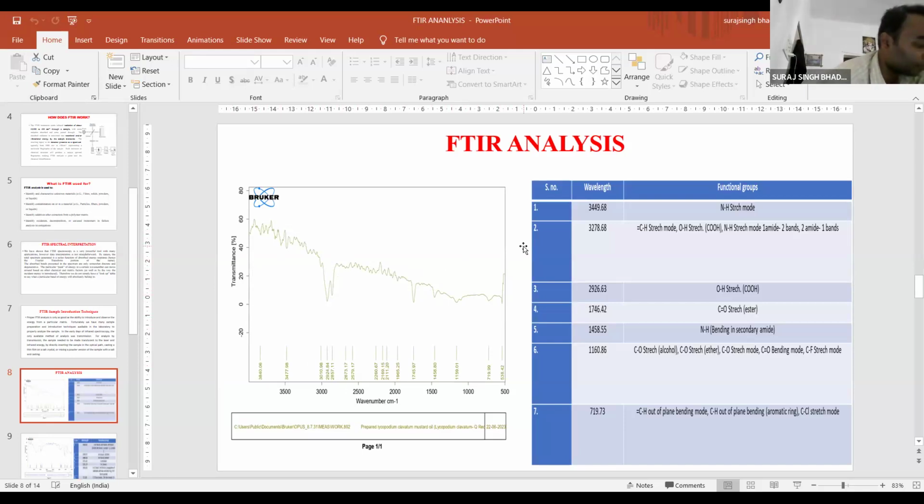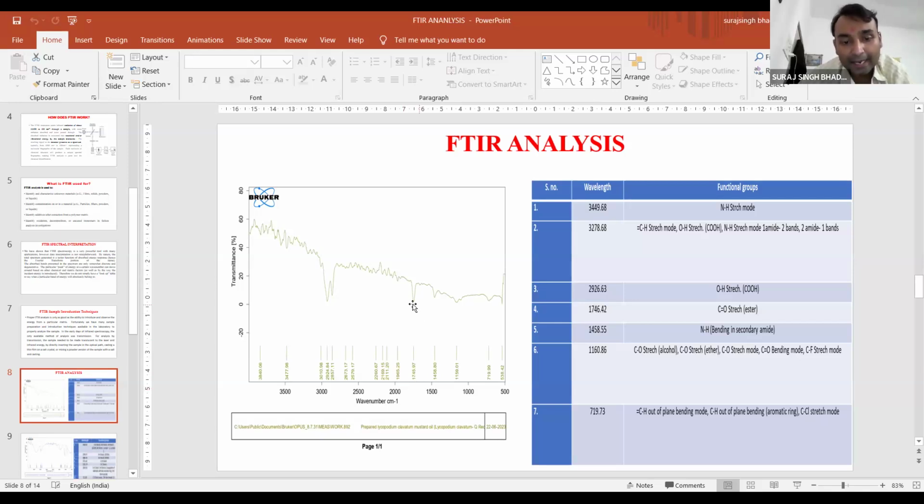So it is very, very important to know about this graphical presentation and what it reflects. Here you can see this is the highest peak. This highest peak is found in between 1500 to 2000 centimeter inverse.